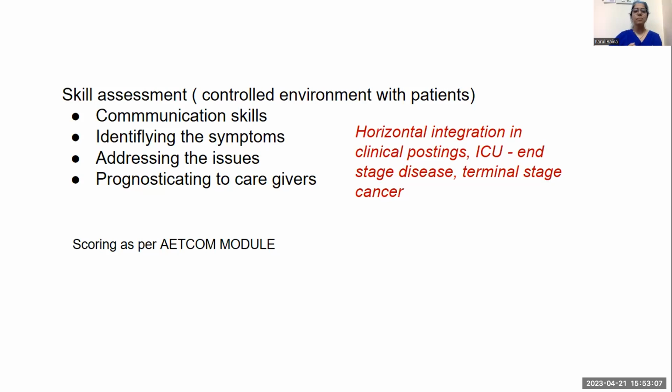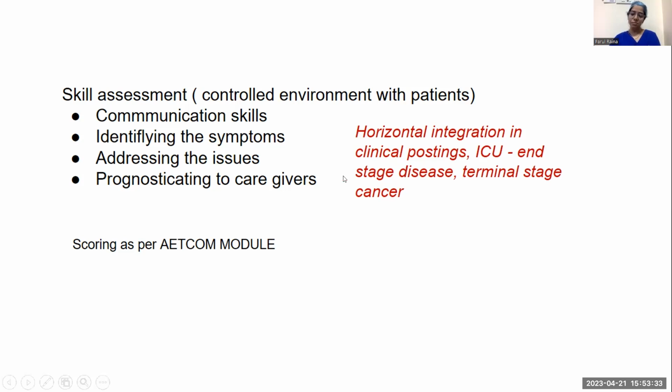Since this is skill assessment based also, in the controlled environment, what we had thought is that it will be integrated in their clinical postings, where at the beginning they will be asked to take a history from a patient with any end stage disease or a terminal stage cancer. In that, we will be checking the communication skills, whether they were able to identify the symptoms and address those issues.